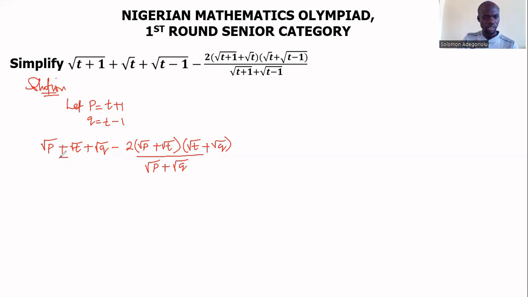Let's make this over 1 to find the LCM. In finding the LCM, we have root P plus root Q, so multiplying by 1 in root P plus root Q gives us the same thing.